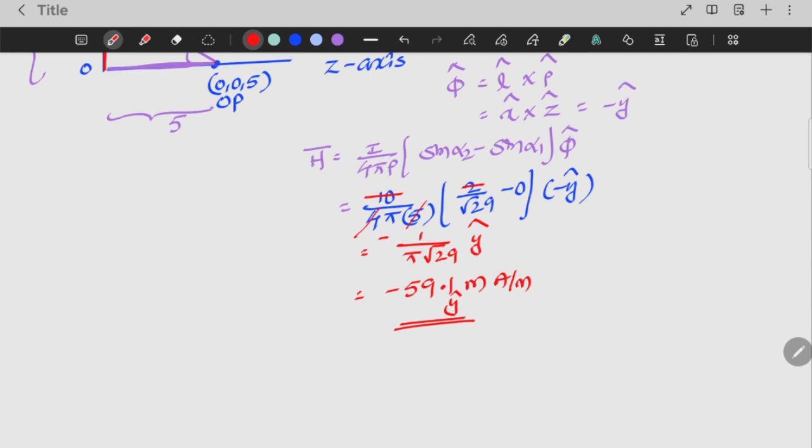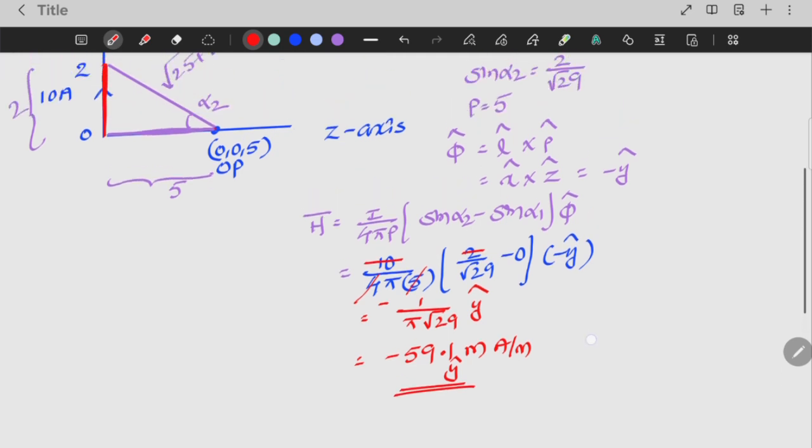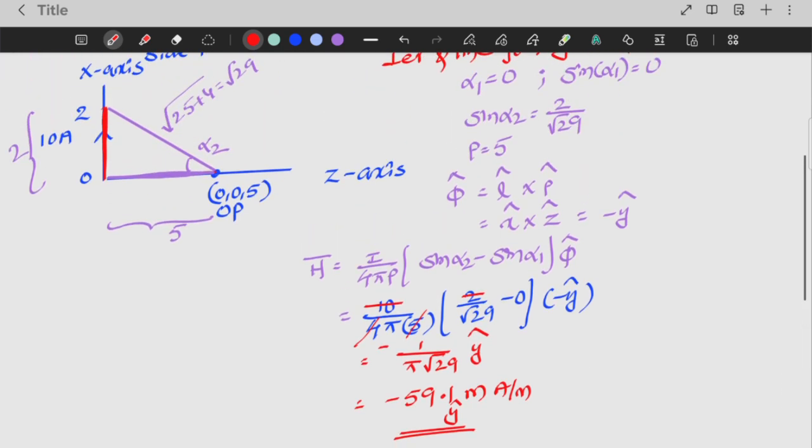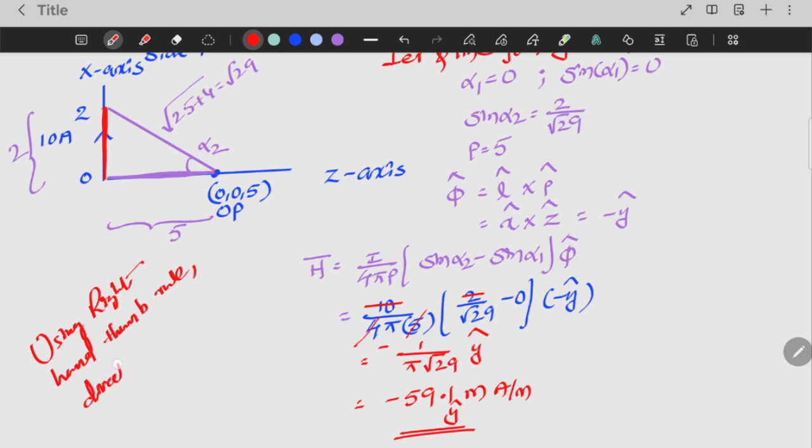Here one more thing: the answer is over, but we can estimate the direction directly using the right hand thumb rule. The direction of H bar can be given like this. You have to keep your right hand thumb in the direction of the current.